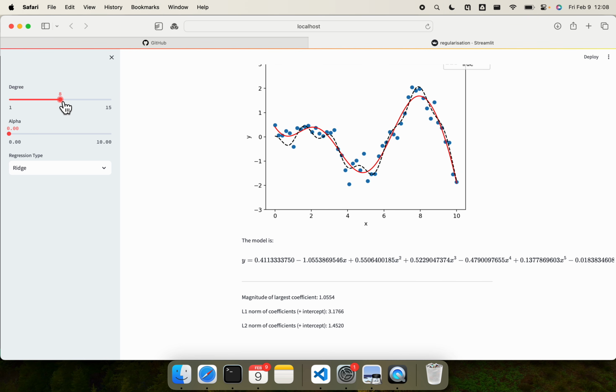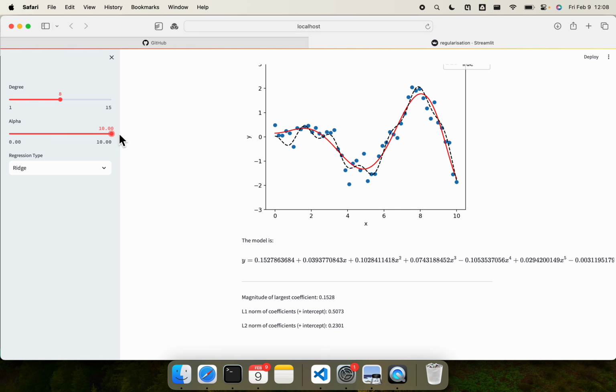Right, so I have these high degree terms now. Now, if I increase alpha, none of the terms are exactly 0, right? They are getting very small, but none of them are exactly 0.